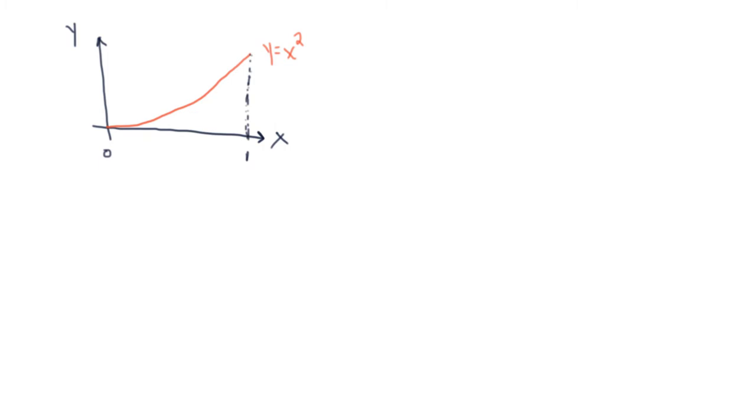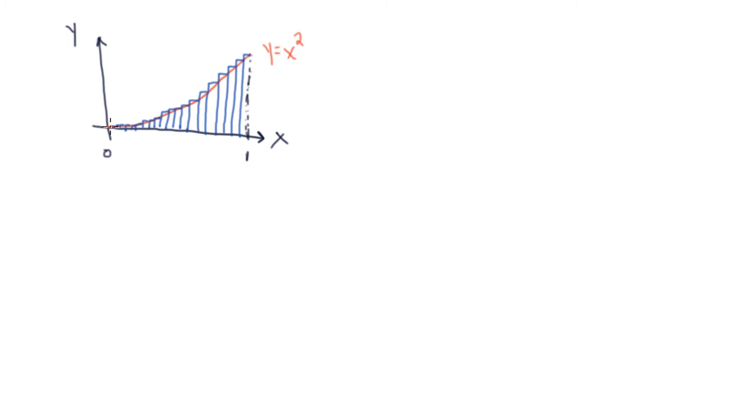Okay, so recall what we're doing is we're breaking this up into a bunch of really thin rectangles like this. And now, just to be consistent, we're using the right endpoint to give the height of each of these rectangles.